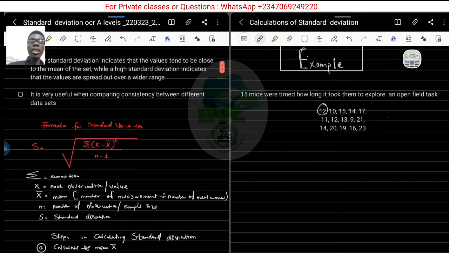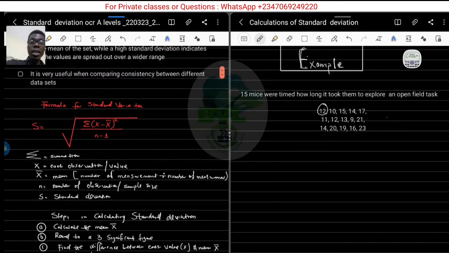So this is the formula. Of course, you're going to be provided with the formula, but it's not bad if you can actually know this whole thing by yourself.